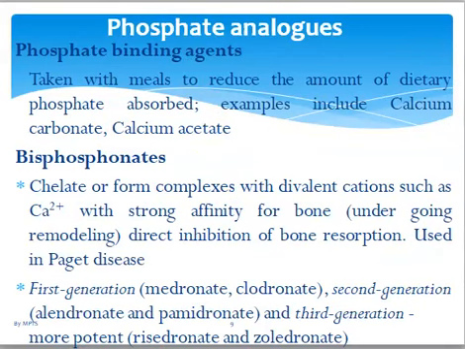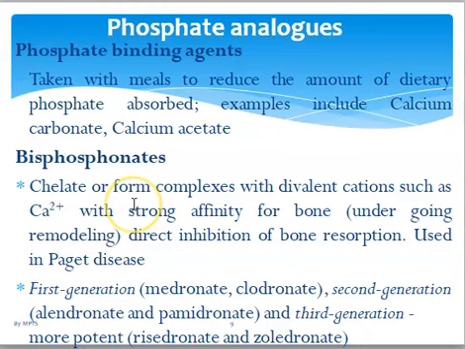Which are those agents? We have the phosphate binding agents, taken with meals to reduce the amount of dietary phosphate absorbed. Examples are calcium carbonate and calcium acetate. They bind to the phosphate and inhibit absorption. We also have the bisphosphonates, which chelate or form complexes with divalent ions such as calcium with strong affinity, and they inhibit bone resorption, and are used in Paget disease.